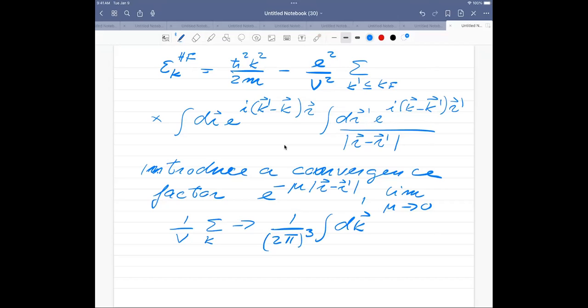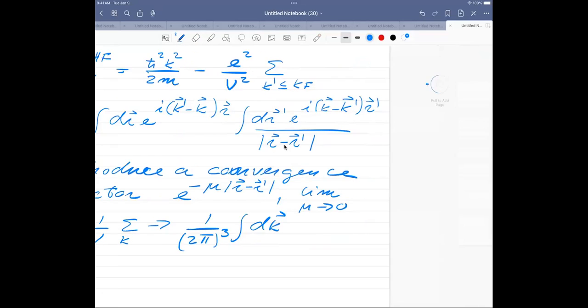That means that we can then replace the summation over k prime, which we have here, with an integral over k. So what we have to evaluate then is the following integral.